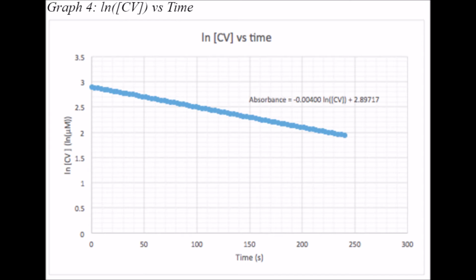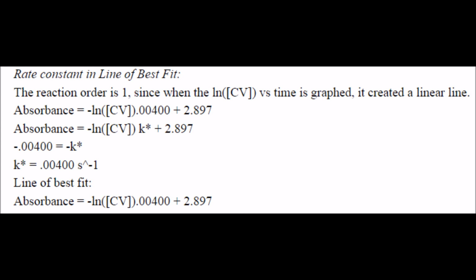Additionally, the equation for the line of best fit for this line is absorbance equals negative 0.00400 natural log of concentration of crystal violet plus 2.897. This equation is useful to find the pseudo rate constant. From the equation of the line of best fit from the natural log of concentration versus time, the slope determines what the pseudo rate constant is.